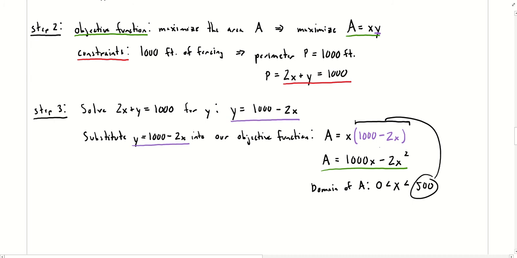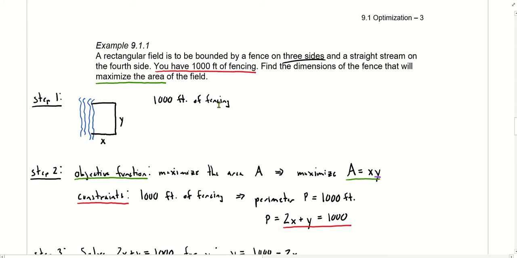And I don't want a 0 area. I want an actual pen with these 4 sides. So I want there to be some non-zero area that I'm enclosing, because I've specified I need there to be 3 sides against this stream. So I need there to be a non-zero area.